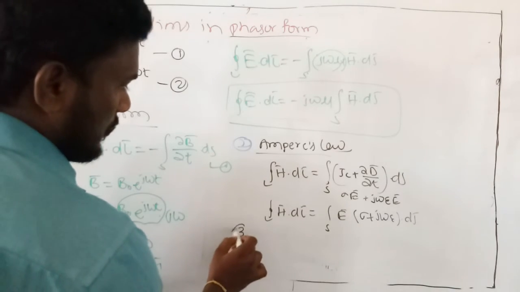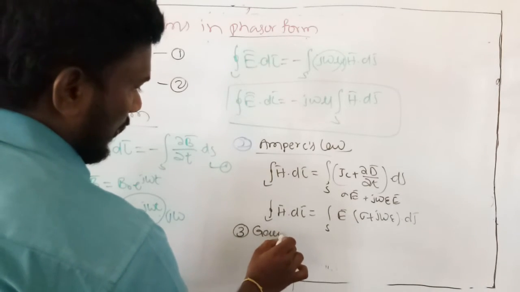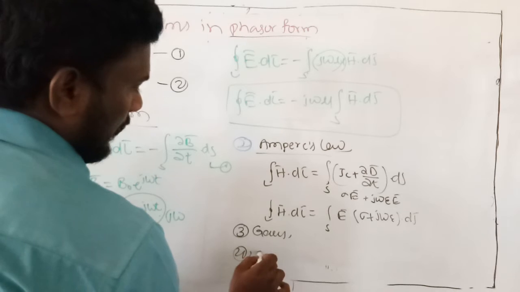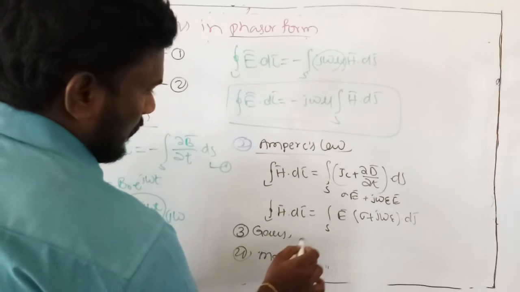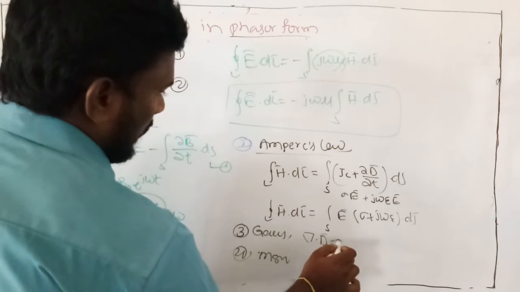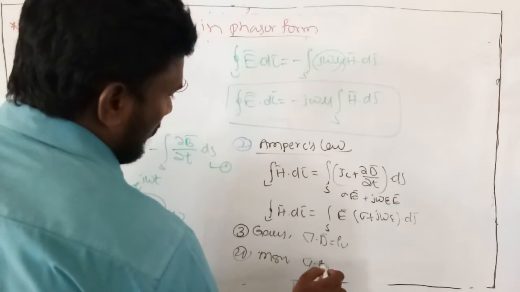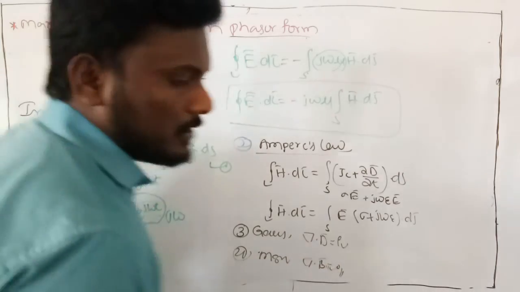Similarly, Gauss law for electrostatics and Gauss law for magnetostatics. These two are del dot D bar is equal to rho v and del dot B bar is equal to 0. It is not possible to express them in phasor form.